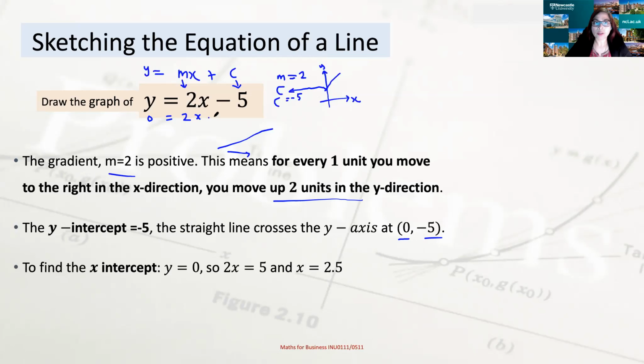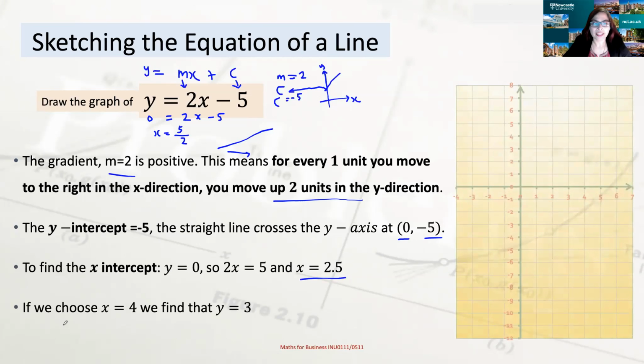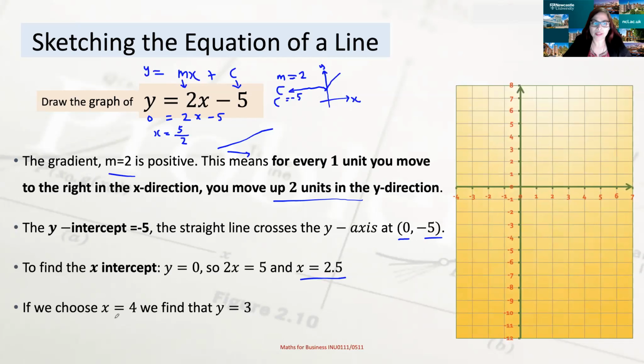When you solve this, you will get x is equal to 5 over 2, which is nothing but 2.5. Yeah. So you get 2 points. You can draw a straight line, but I would suggest choosing another point. For example, in this case, x is equal to 4. Substitute 4 there. 4 2s are 8.